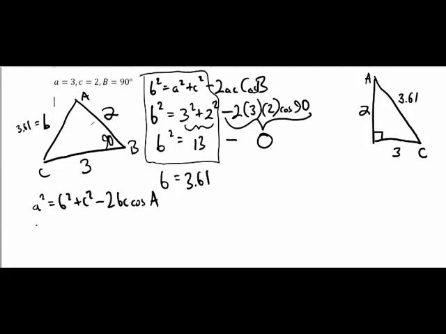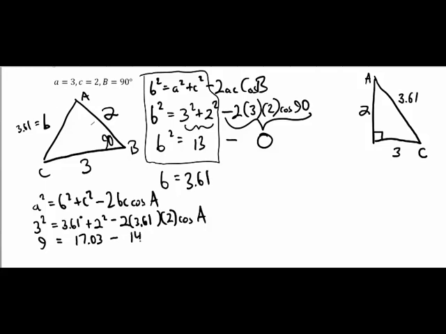We do know that my A squared is going to be 3 squared, right? We also know that the newly found B is 3.61 squared, plus C squared in this case, which is going to be 2 squared, minus 2 times 3.61 times 2 cosine unknown angle A. So now we have 9 is equal to the 3.61 squared plus the 2 squared, which is 17.03, minus the 3.61 times the 2 times 2.